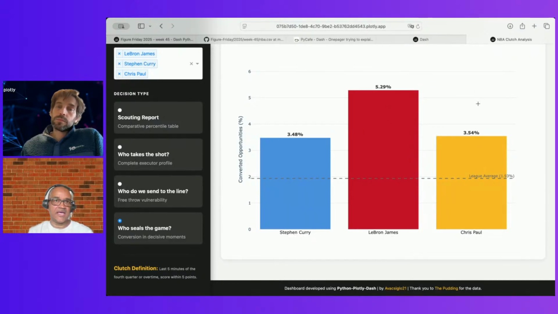In fact, as you can see, LeBron is a power forward, almost close to a pivot, while the other two are mid-range shooters.